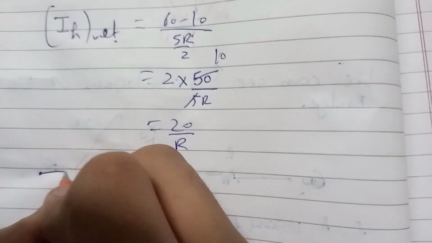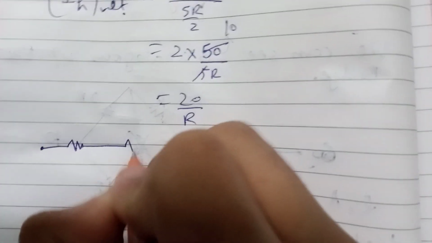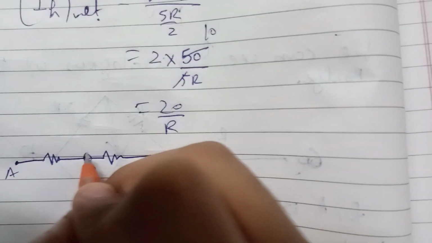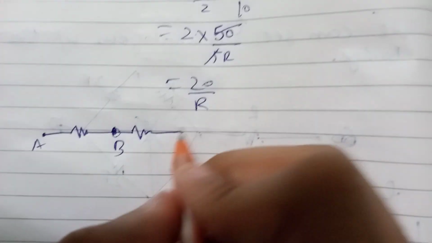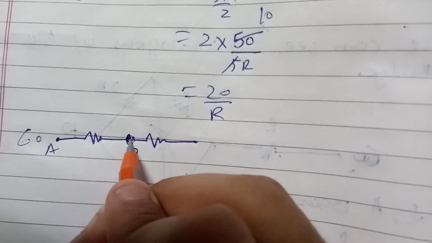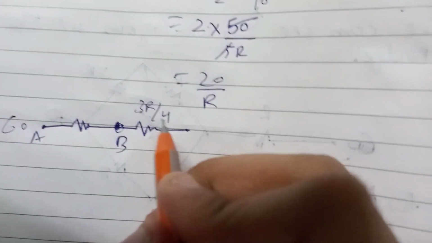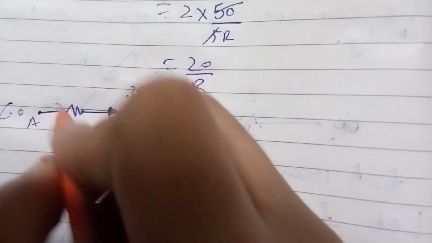Also, the second last step before we found R equivalent. So this was point A, this is point B. We need the temperature for point B. As you can observe, the voltage for point B will be the same as the voltage across this 3R by 2 thermal resistance.